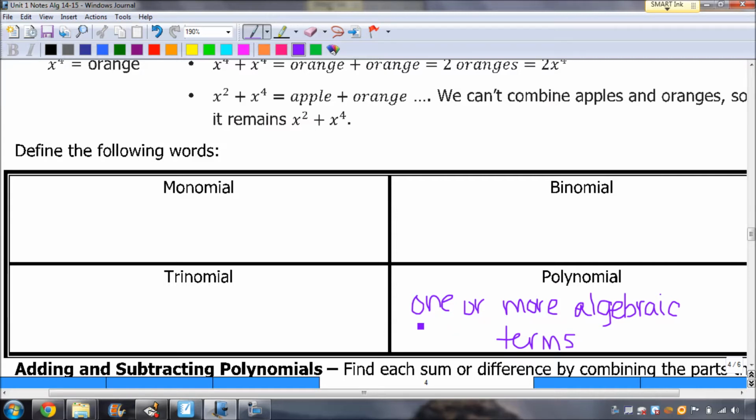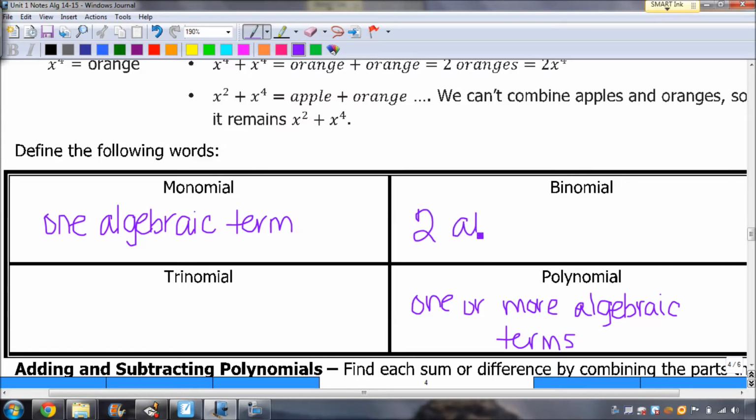Monomial means one algebraic term. Binomial means two algebraic terms. And then a trinomial is just three algebraic terms.